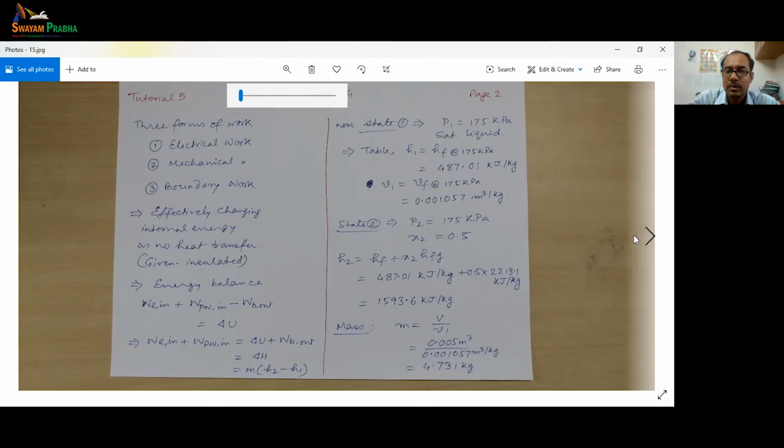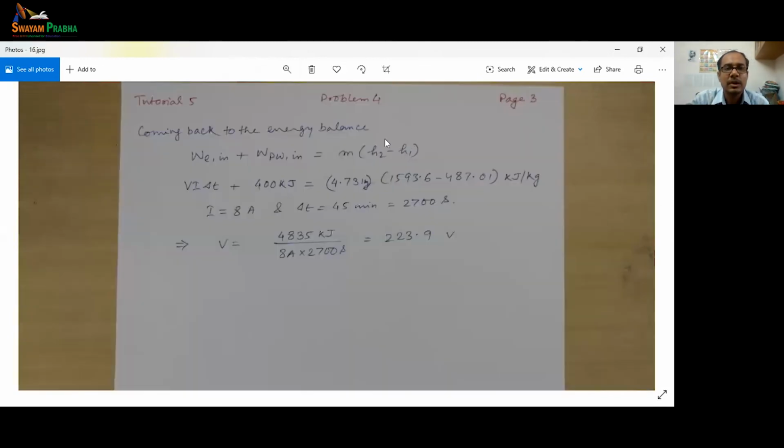If we go back to the energy balance equation, the electrical work input, minus the paddle wheel work output, will be equal to m times (h2 minus h1). The electrical work input you can write in terms of voltage times current times delta T, the time duration for which the current flowed at a particular voltage.